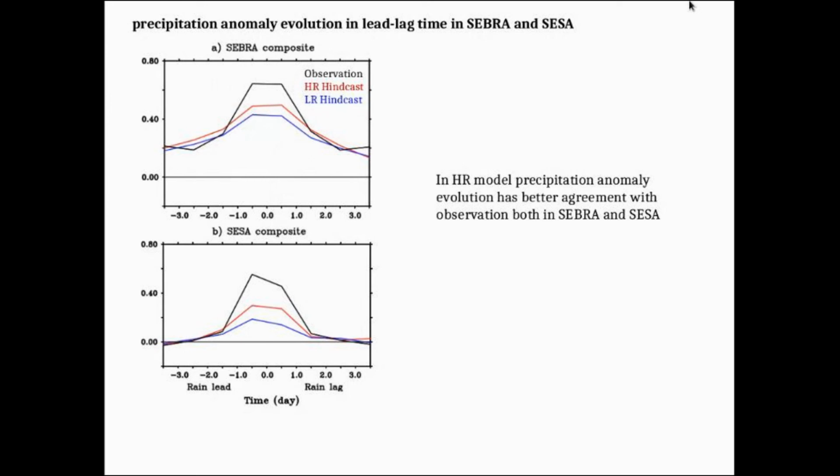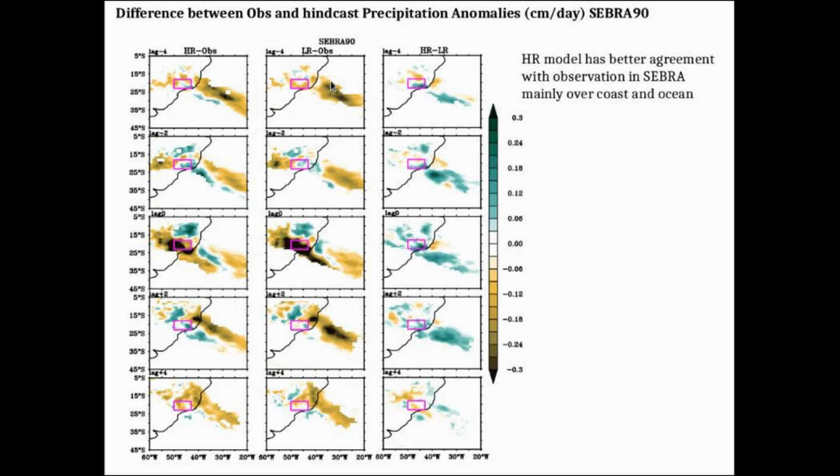Maybe I forgot to mention: these figures are for the model where we used three ensemble members, and we averaged these three to show the model ensemble mean composite. So these are the composites from the ensemble mean.